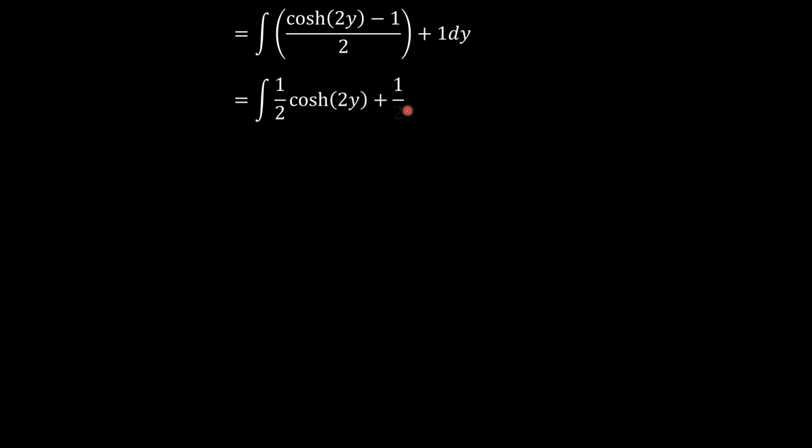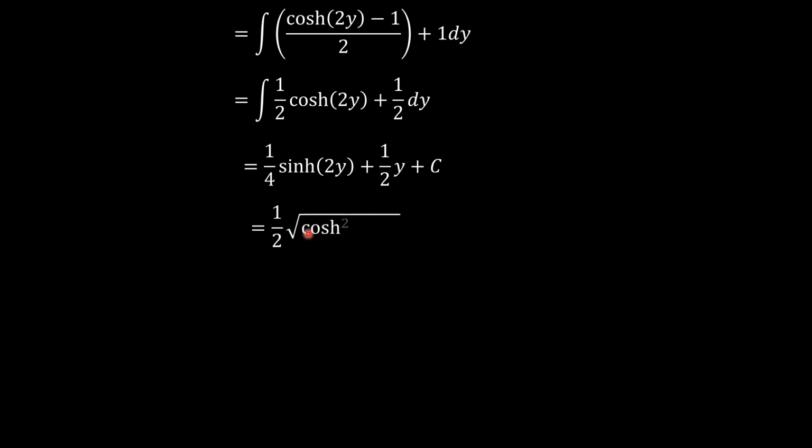And that means that now we can reduce this into half hyperbolic cosine 2y plus a half, right? So this minus half plus 1 is half here. And when we integrate, this becomes a quarter hyperbolic sine 2y plus half of y plus the integration constant c.